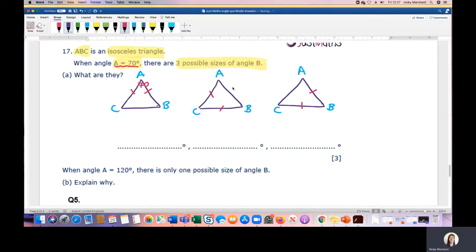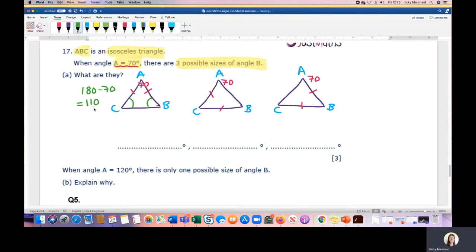Okay, we've got 70 here, because it tells me that I'm 70 every time on my A angle. Okay, so these 2 are equal sides, so therefore these 2 base angles are equal. You've got 180 here, take away the 70, gives you 110.